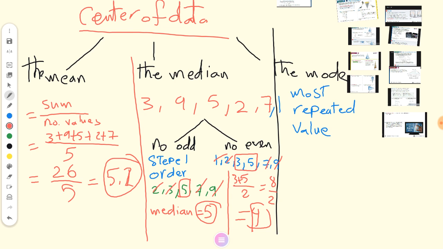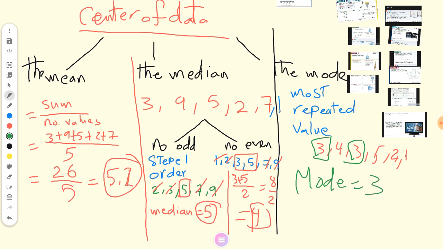If I have this amount of data, 3, 4, 3, 5, 2, and 1, which one is the most repeated? It's 3. So the mode here equals 3. That's it. This is how to calculate the mean, median, mode.